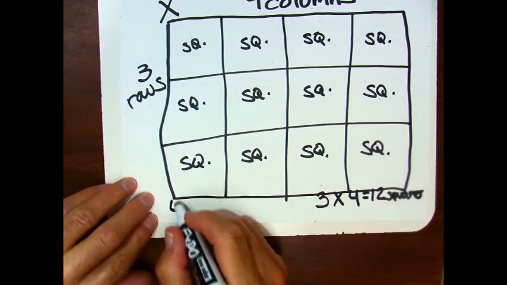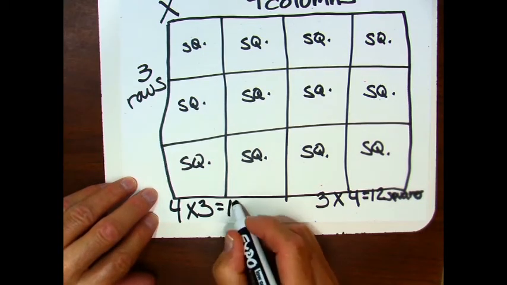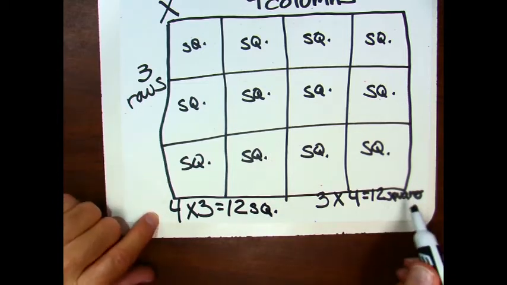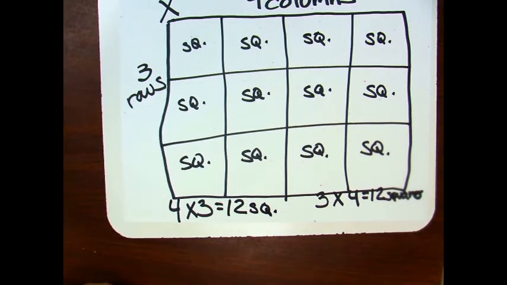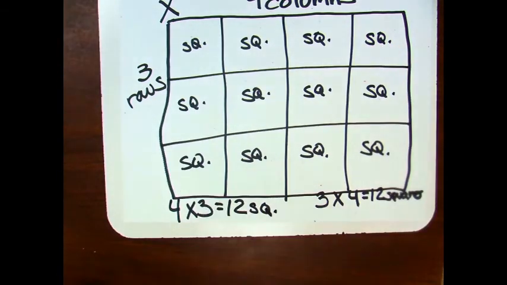We can say 4 times 3 equals 12, and I'm going to use my abbreviation now because I don't want to write squares out all the time. 4 rows times 3 columns equals 12 squares. So we can take these numbers and reverse them, change the shape a little bit, as long as we don't remove any squares, we have the same product, 12.